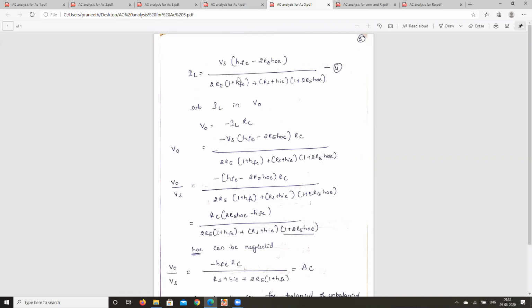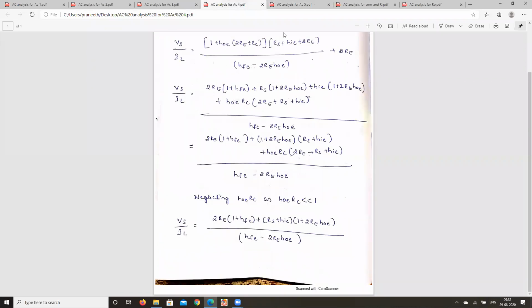VS by IL equals to, నాకు ఒక expression వచ్చిందండి, అవునా? So I got this expression: Vs by IL equals 2 Re into 1 plus HFE plus Rs plus HIE into 1 plus 2 Re HOE by HFE minus 2 Re HOE వచ్చింది. దీని నుంచి ఏం చేశానంటే IL మాత్రం డిరైవ్ చేశా.